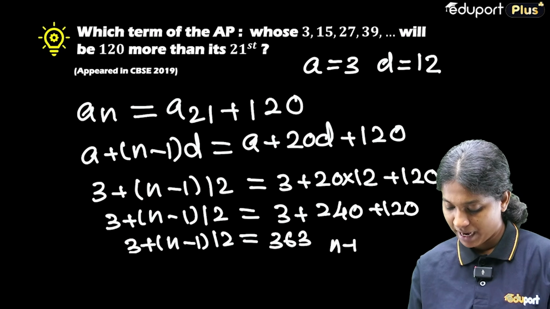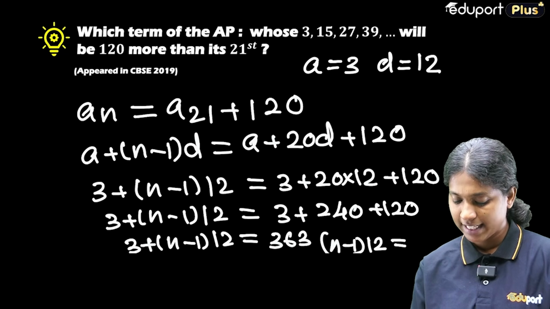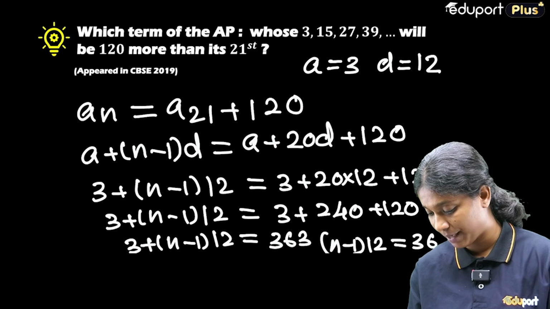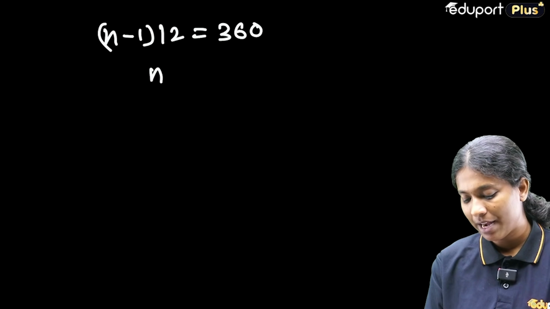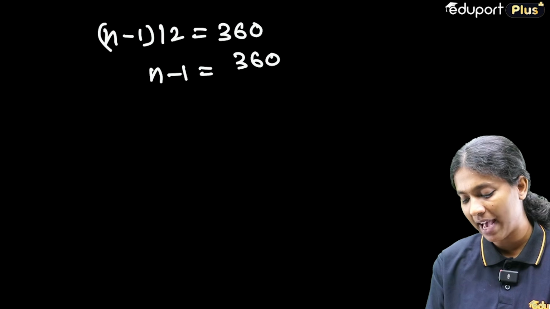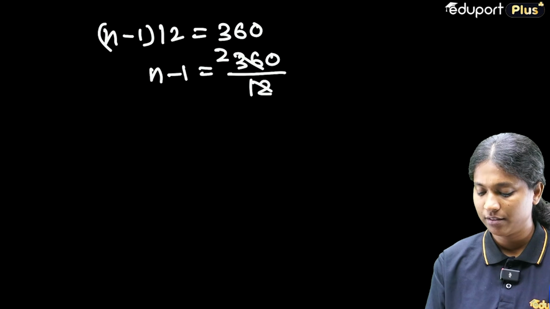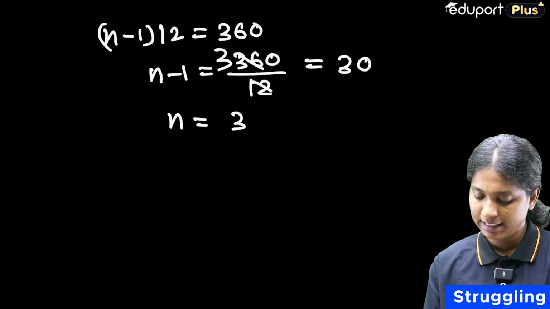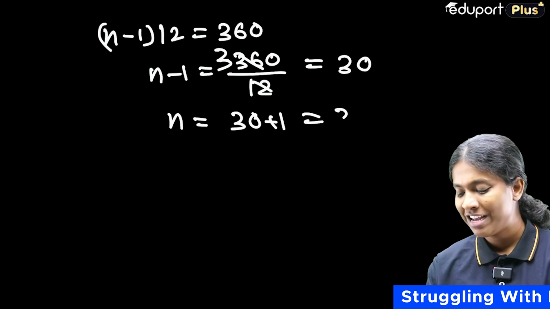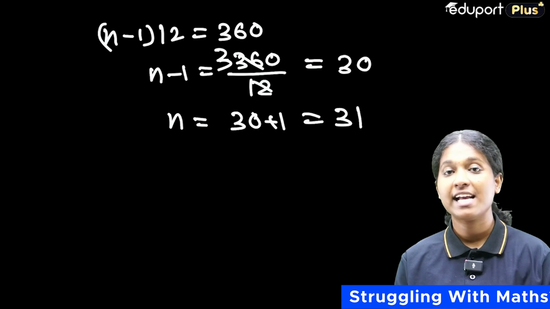So, you will get n minus 1 into 12 is equal to 363 minus 3, so 360. Now, n minus 1 will be 360 by 12. 12 into 30 is 360. So, n is equal to 30 plus 1, which is equal to 31. So, we got n as 31.